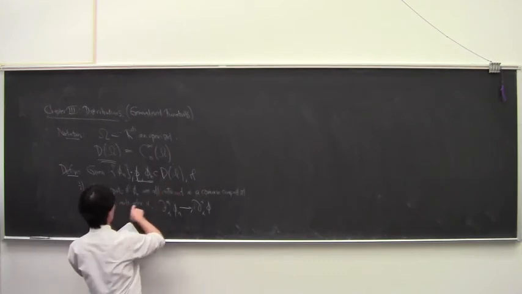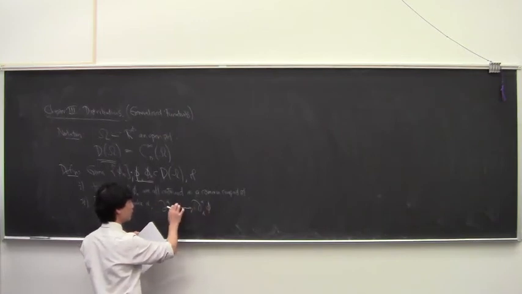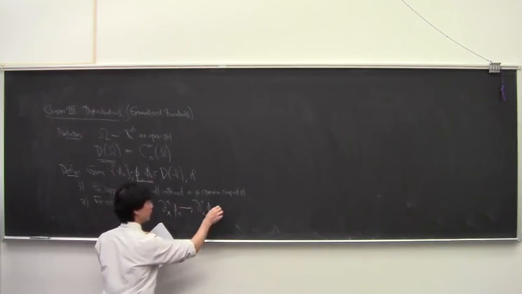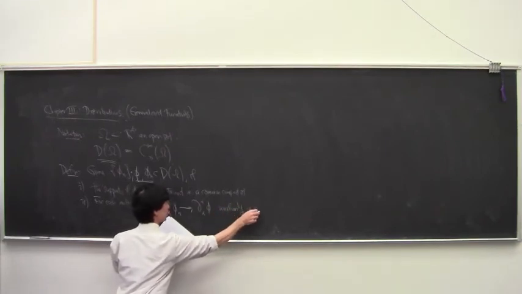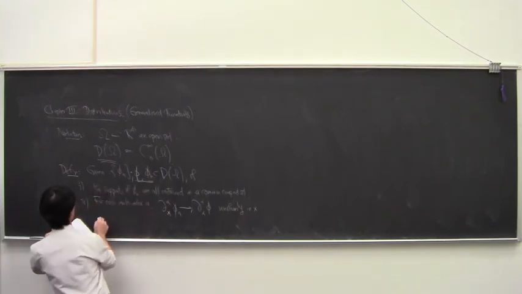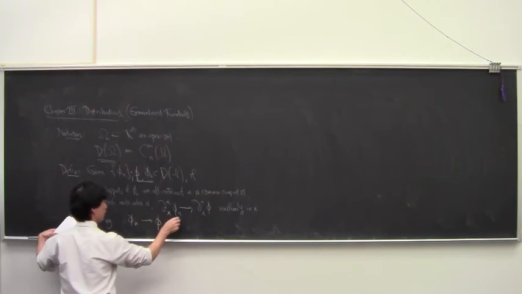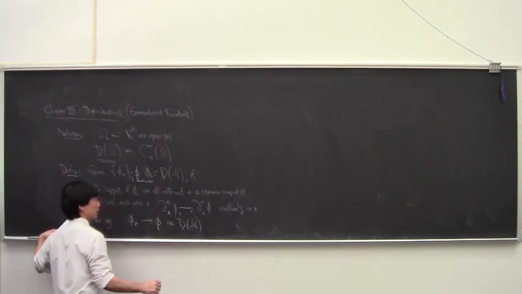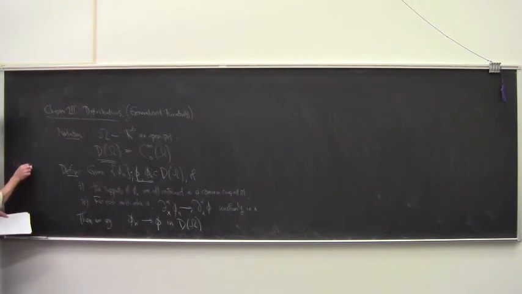If for every multi-index the derivatives of the phi sub n converge to the derivative of phi uniformly in x, then we say that phi sub n converges to phi in D omega. This is the definition of convergence in D omega.